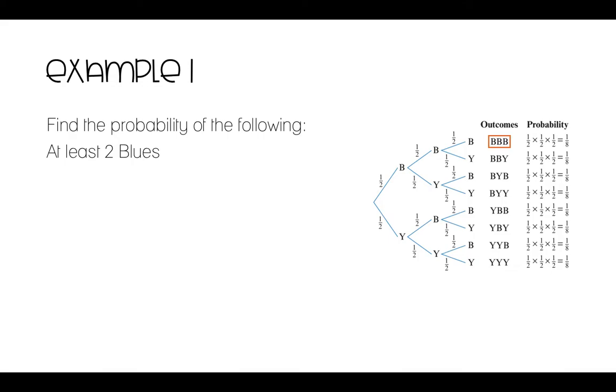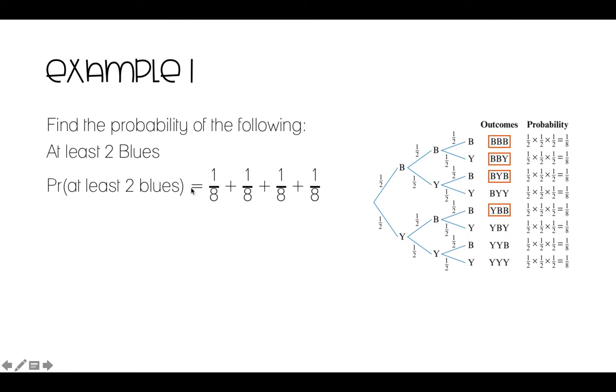So we have to have at least 2. So these ones here, and then this one here as well. So there's 4 there that have them. So the probability of at least 2 blues is 1/8 plus 1/8 plus 1/8 plus 1/8, which gives us 4/8.